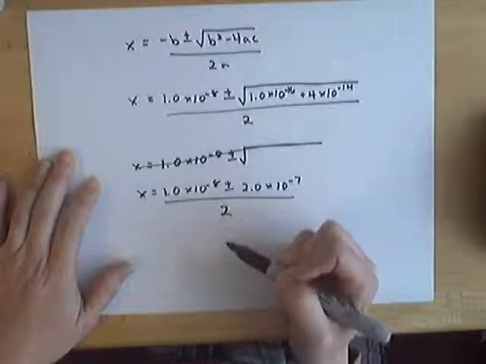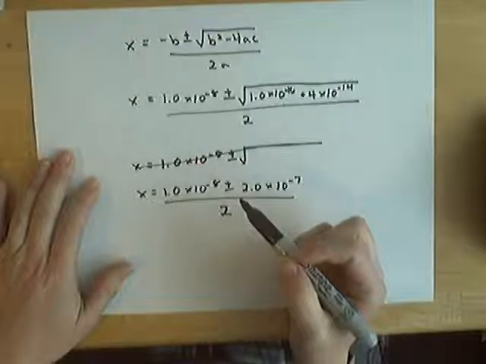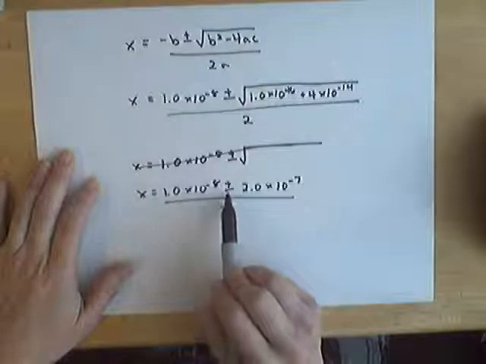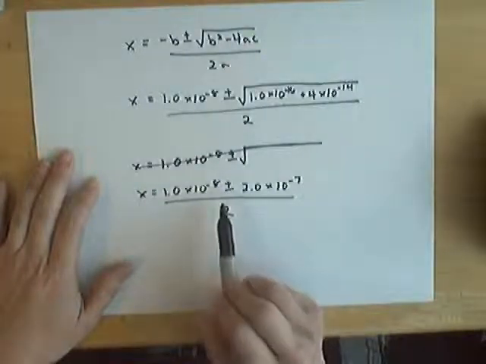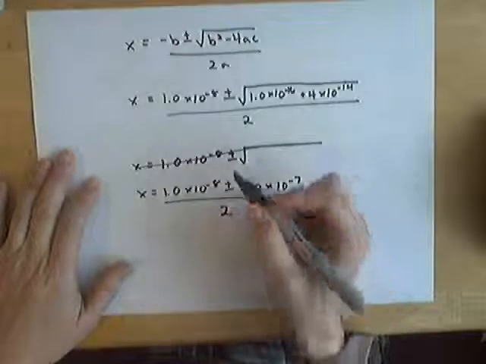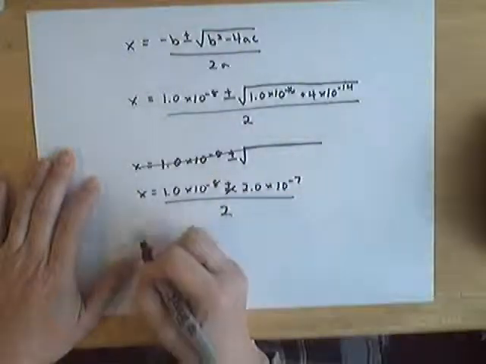But generally, in chemistry, there's only going to be one of these that makes chemical sense. If we use the subtraction here, we would get a negative number for hydrogen ion concentration, and that doesn't make any sense. You can never have less than 0 hydrogen ions. So the hydrogen ion concentration is going to have to be positive, so we can drop that negative sign.